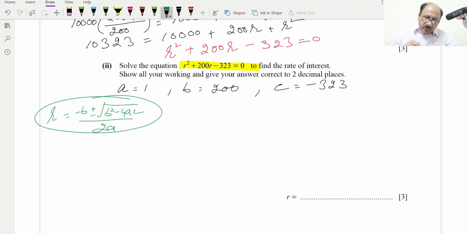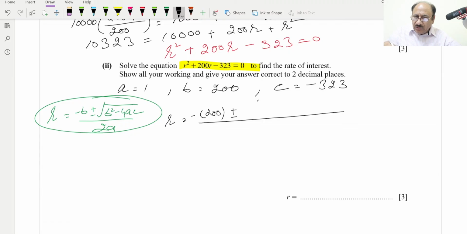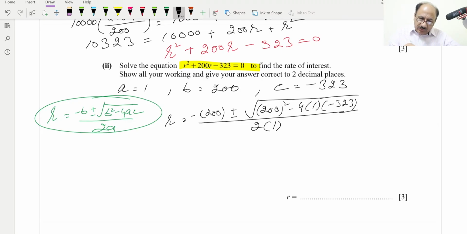This will be the formula which we will be applying, and the r value will be r is equal to, we will replace the values in brackets. So minus b, so minus 200 plus minus square root of b squared, meaning 200 squared, minus 4 into a into c, divided by 2a, which is 1. So now we can calculate the first value, r1.